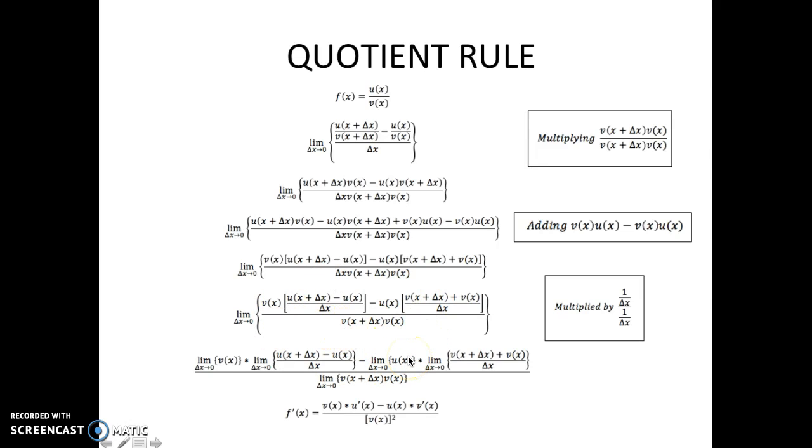But it makes life easier for me, and that means I can then start applying my limits in order to get rid of some numbers, which leads me to the result that f prime of x equals v of x times u prime of x minus u of x times v prime of x, divided by v of x squared.